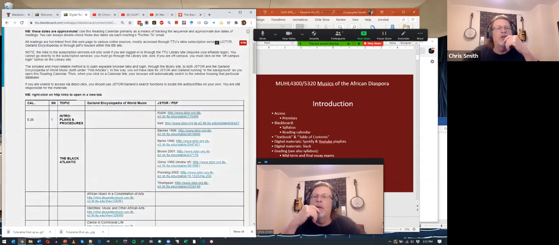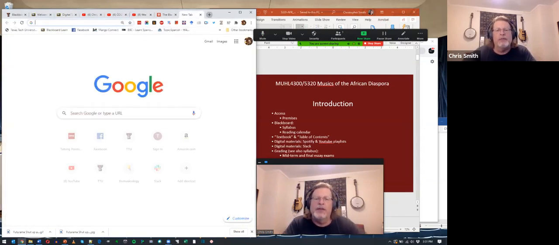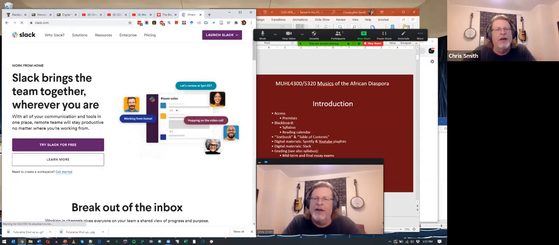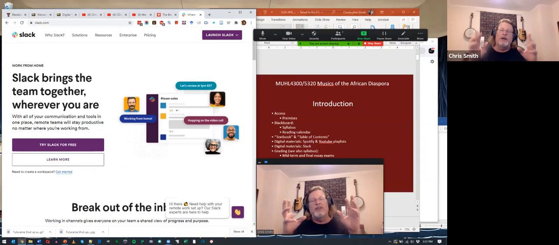One other tool I want to mention here, and again, I'm not going to take a lot of time with it right now, is an online collaboration tool called Slack. And I will share that with you when we meet in class, but essentially it's a chat and threaded discussion tool. The nice thing about Slack is that it makes it possible for us to embed classwork and videos and commentary right within those discussions.